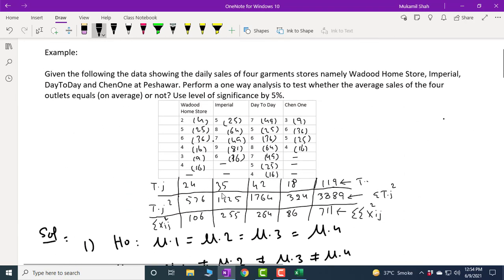For balanced data, you take the aggregate of all these values over here and you utilize this value, but in this case we didn't utilize this value. This is so because the number of rows varies across columns. That's why we have divided this square value by the number of rows in the first column. We divided this value by the number of rows in the second column, and so on. So we didn't utilize this value. This value is utilized only when the data is balanced.